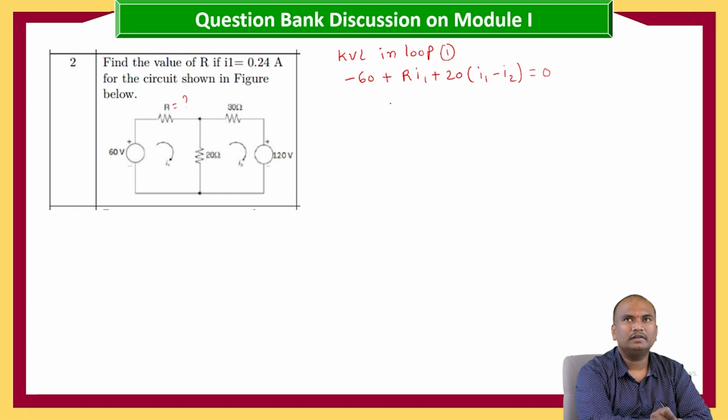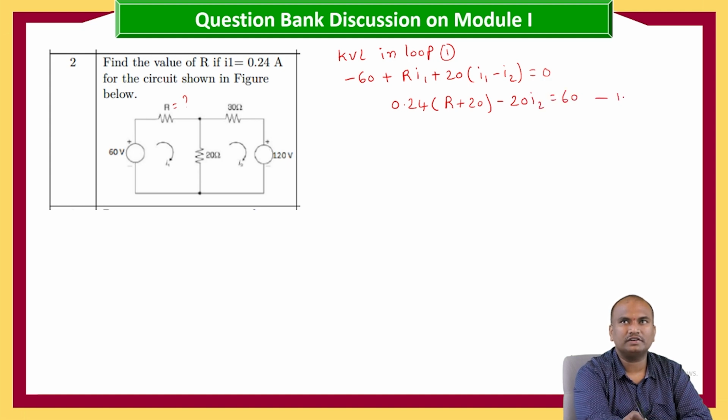Here I1 is given, that is 0.24 into R plus 20 minus 20 I2 is equal to 60. This is our equation number 1.